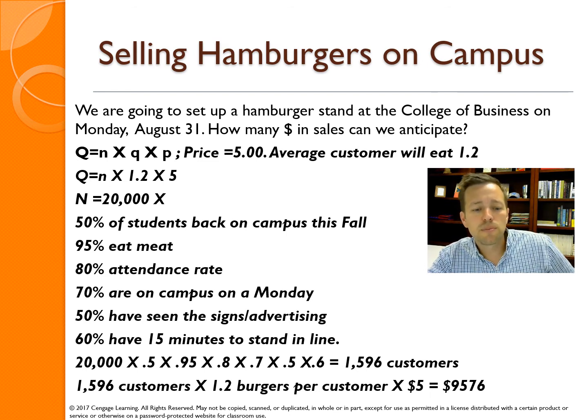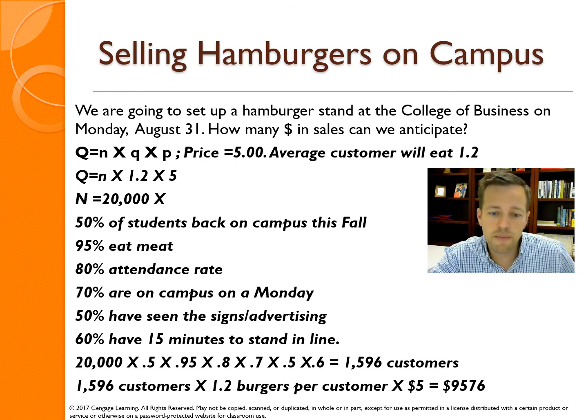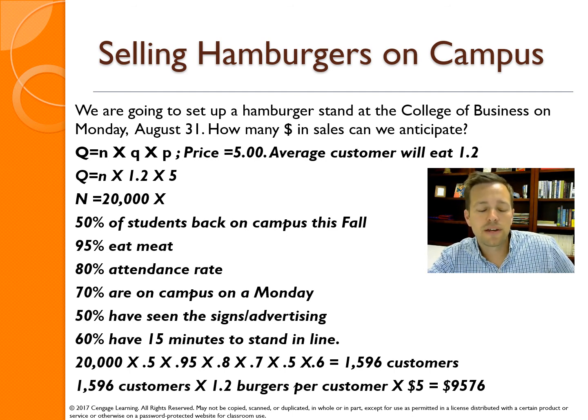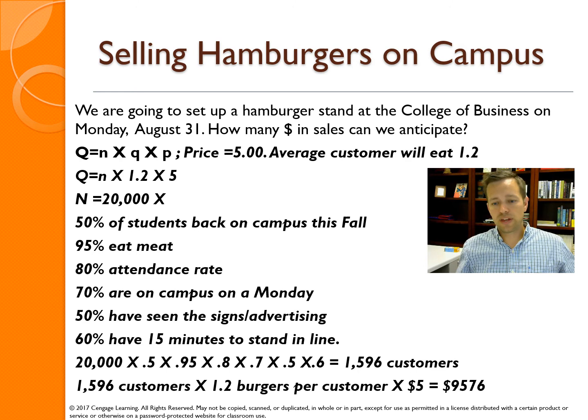All right, 60% have 15 minutes to stand in line. So you can't get the hamburger automatically. We're open from 11 to 1. How many are going to have that 15 minutes to stand in line during that time period? All right. So we do that math, and you may come up with lots of other things to add to that, but you want them all to be realistic, right?